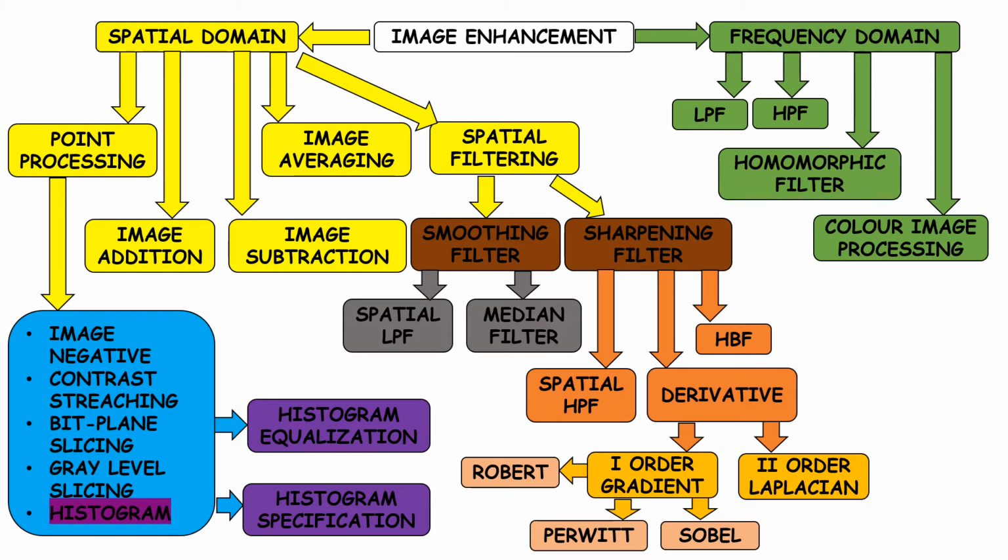Derivative is further classified into first order gradient and second order Laplacian. Under the first order gradient we are going to see about Roberts mask, Prewitt mask and Sobel mask, which are to be applied. The second main branch we saw was frequency domain. It sub-branches to low pass filter, high pass filter, homomorphic filter, and then color image processing.